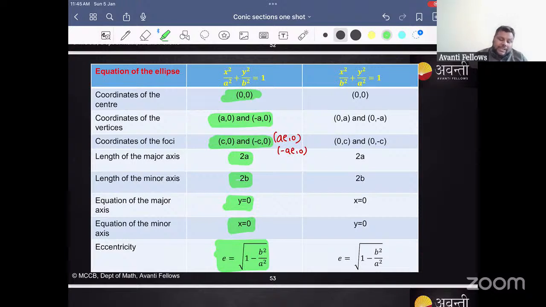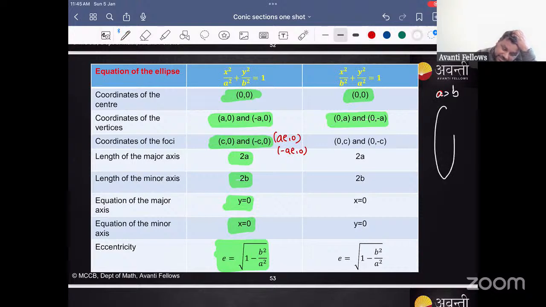Now there we go with x square upon b square plus y square upon a square equal to 1. Center is 0, 0. Vertices will be 0 comma a and 0 comma minus a, because in this case, we are assuming that a is more than b, so the ellipse is like this.